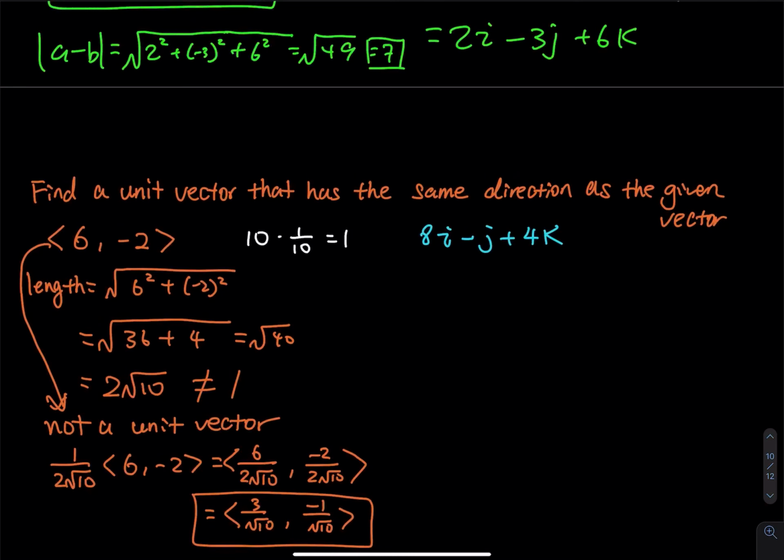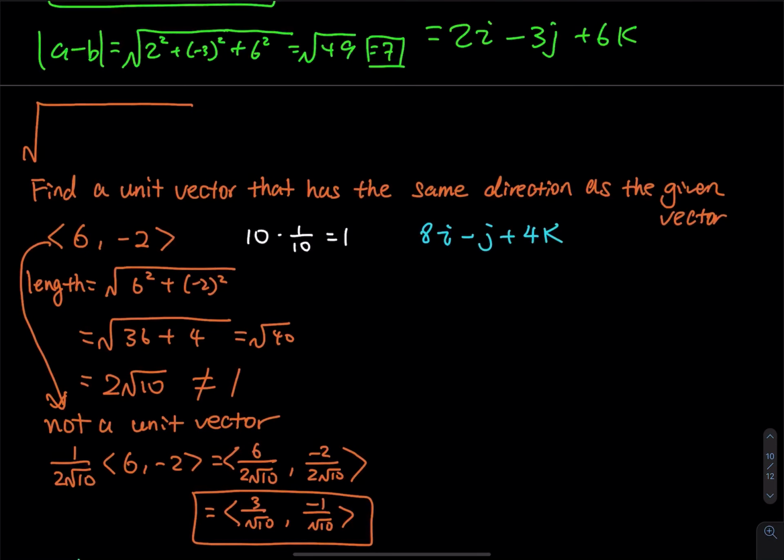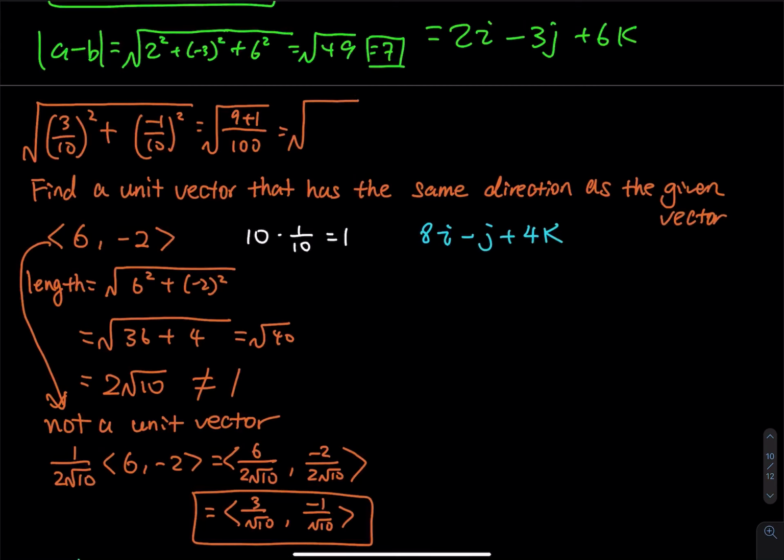If you don't believe me, we can do a quick check right now. So what is the magnitude of this? The magnitude is the square root of 3 over root 10 squared plus negative 1 over root 10 squared. So the top is 9 plus 1. 3 times 3 is 9, 1 squared is 1, so the bottom is 100.